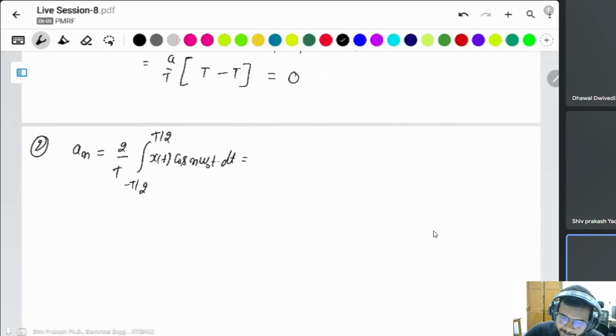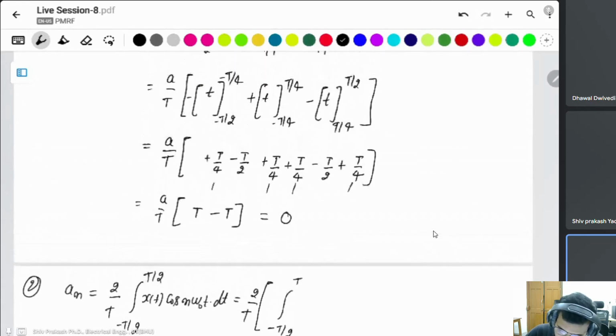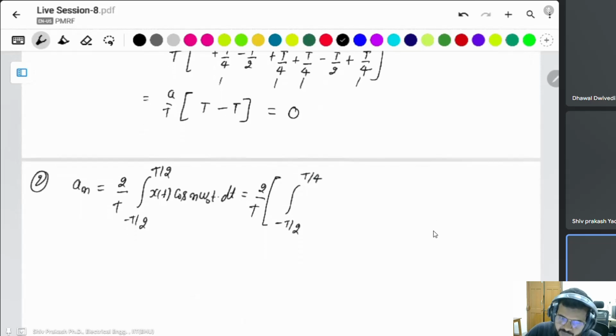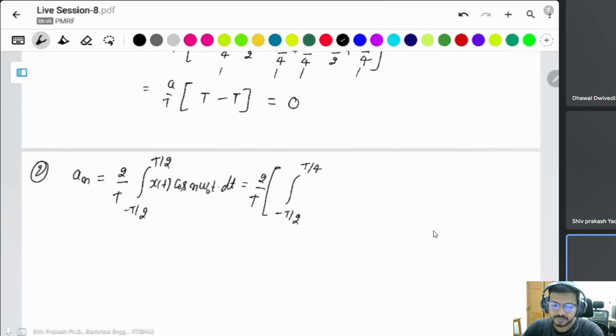Okay, again you can break this one into T by 2 common integration of minus of T by 2 to T by 2, sorry, minus of T by 4, x(t) equal to minus A cos of n omega naught t into dt.